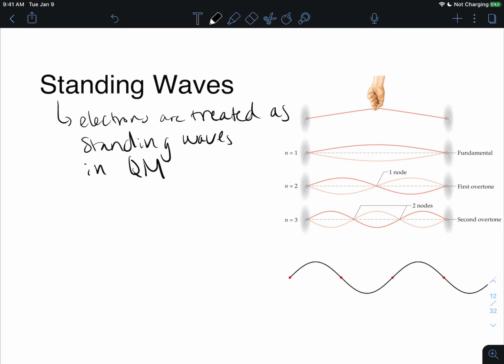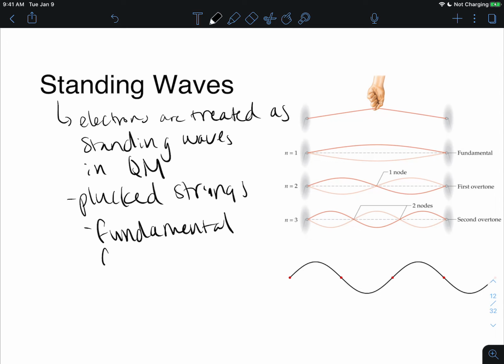As you stretch that string and pluck that string, it's going to have a frequency associated with it, right? And then within a plucked string, they have a fundamental frequency. And then they're going to have higher harmonics or overtones as well.